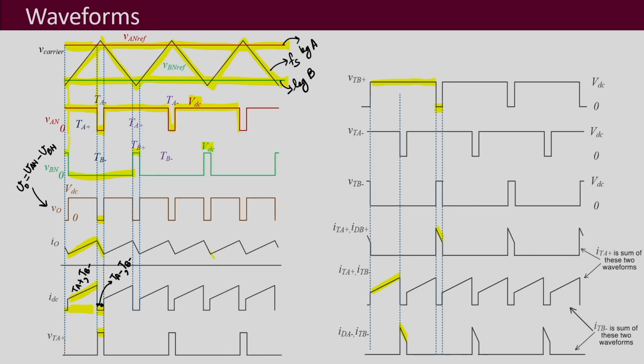This is how you can obtain the current waveforms through the IGBTs and the diodes. It mainly depends on which devices are conducting, depending on the switching combination which is arising, and second, the direction of the load current.